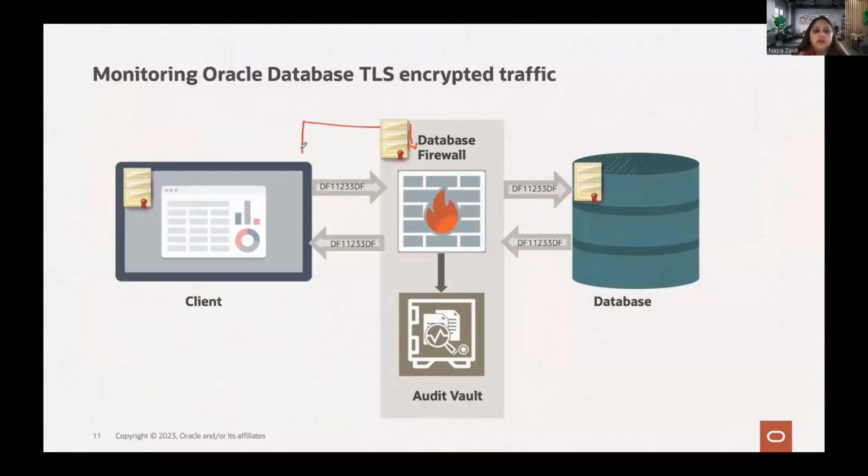You share those respective certificates with your respective sources. For example, one with the client, the other one with the database, and as well as you share these trusted certificates from the client and the database within database firewall.